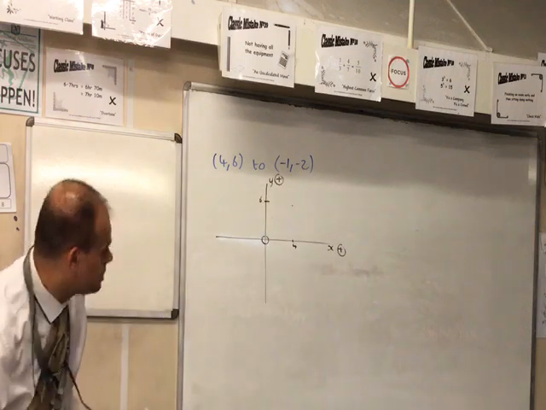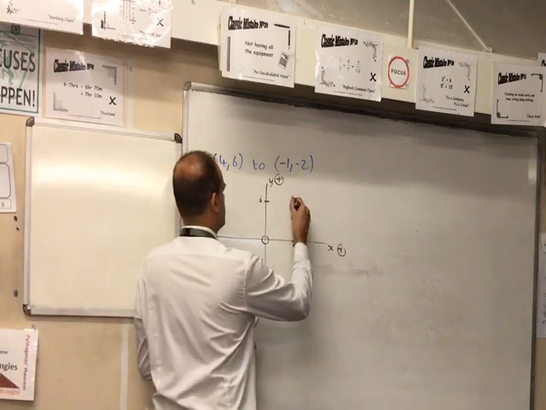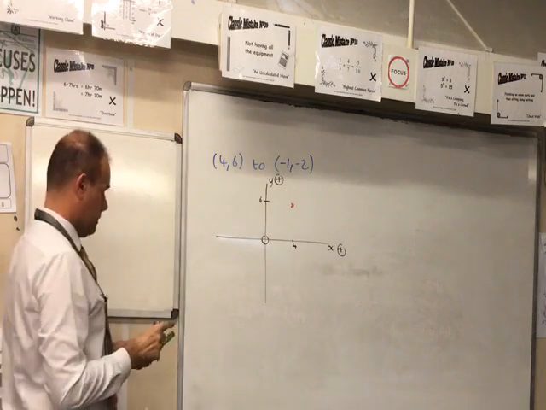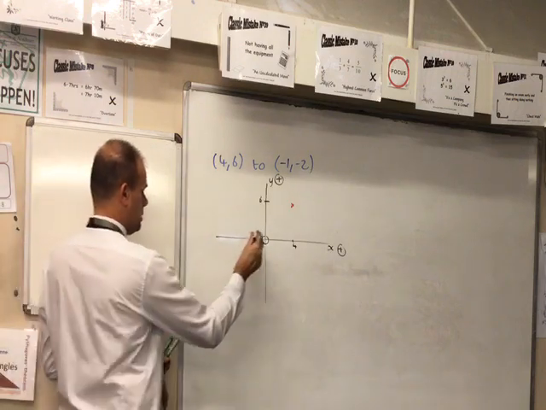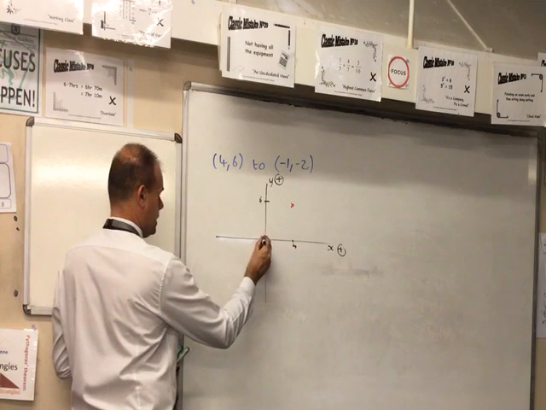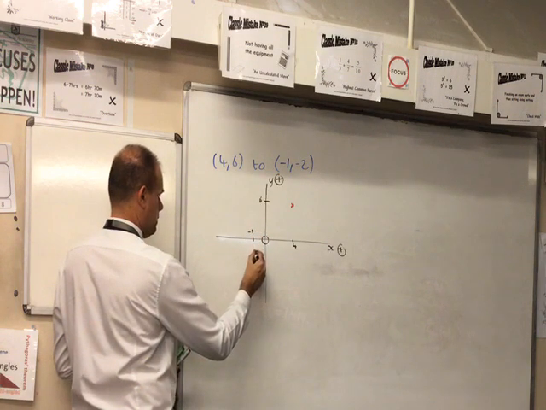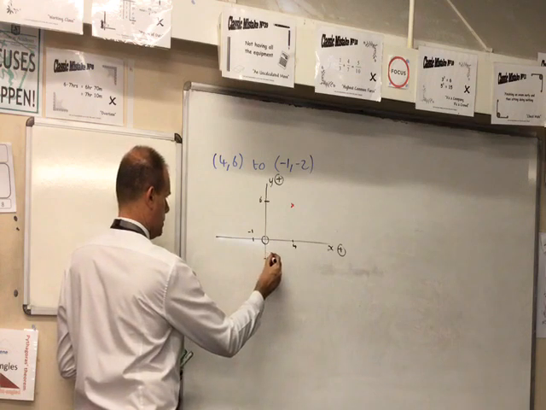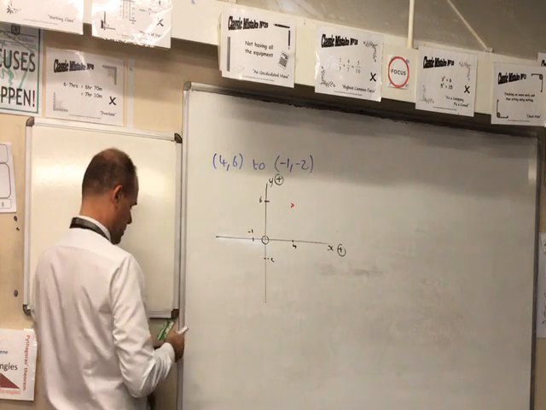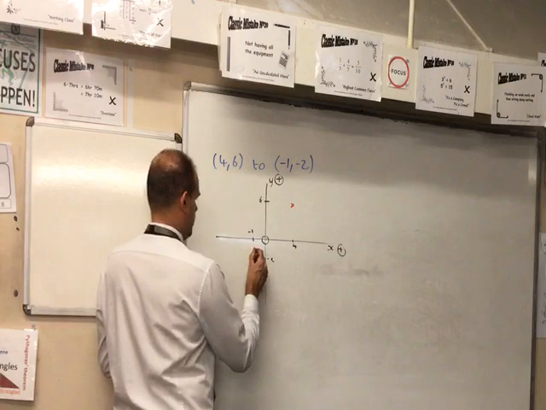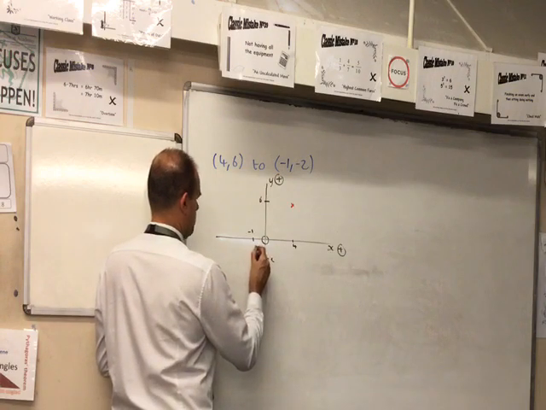Okay, that's in red. It's just a sketch I'm doing. And then -1, -2, well, start at the origin, walk along the corridor but the opposite way, -1 somewhere here, and then down the stairways, there's -2 roughly, and there's my other point there. Join the two up.